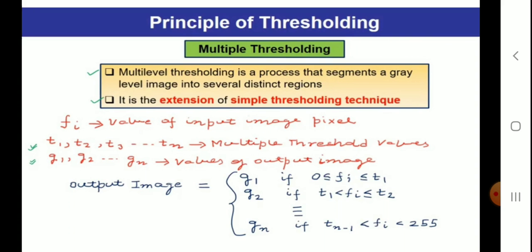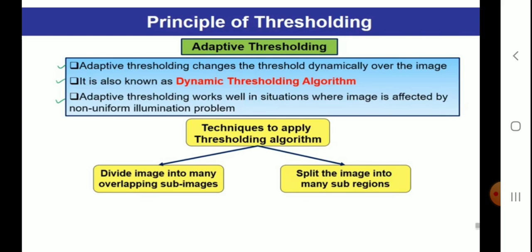So the output image is equal to g1 if f(i) is greater than or equal to 0 and less than or equal to t1, g2 if f(i) is greater than t1 and less than or equal to t2, and so on up to gn if t(n-1) is less than f(i) and less than 255.